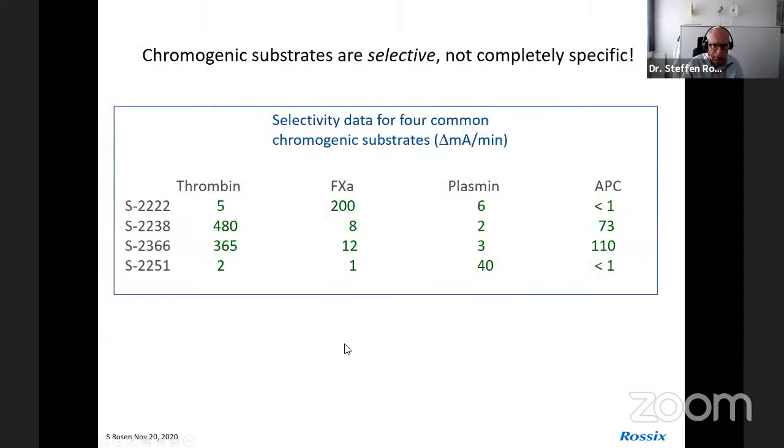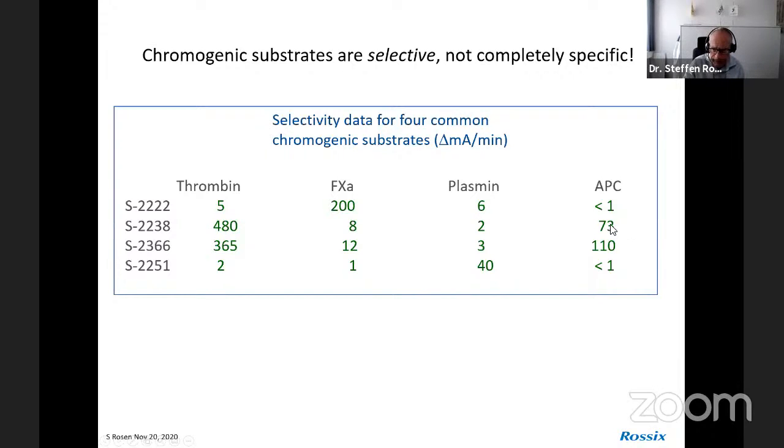I want really to emphasize this slide: chromogenic substrates are selective, they're not completely specific. This table shows selectivity data expressed as delta milli-A per minute in optimal reaction conditions. You can see S2222 is a very good Xa substrate, but it is also cleaved to some extent by thrombin as well as by plasmin. S2238 is a wonderful thrombin substrate.